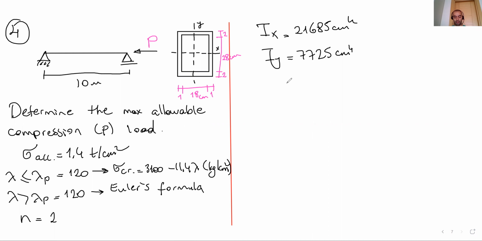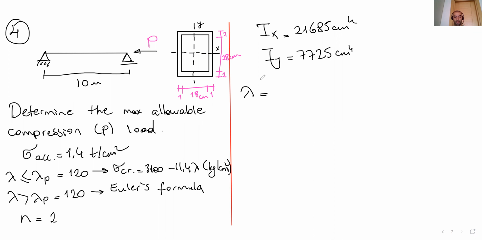I gave this for you. Okay, now we will calculate the allowable compression load. So we need lambda, because we are gonna make a comparison with the lambda P, and we're gonna decide which method we are gonna use.